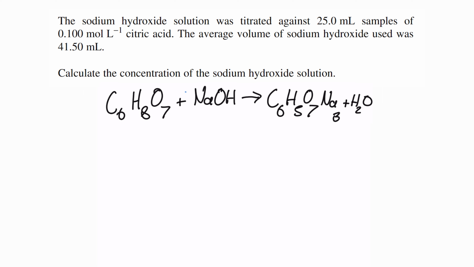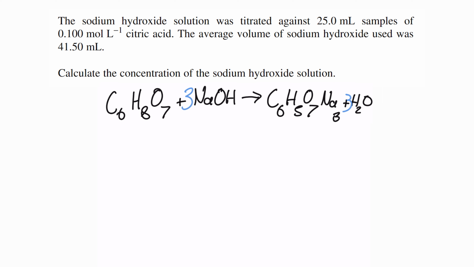Now what this means is we need to balance. So balancing, I can see that we need 3 sodium on the left-hand side, so I'll make 3 sodium hydroxide and then 3 H2O molecules. Next thing is to write down all our relevant information.